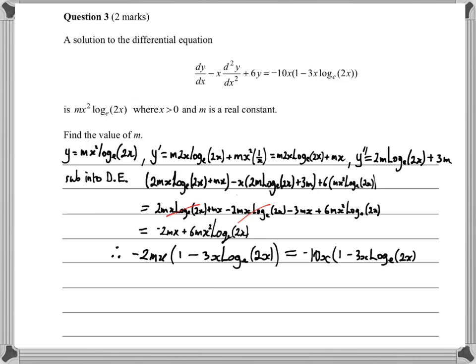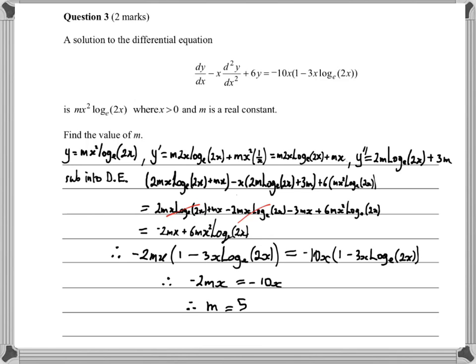So I can see that this bracket 1 minus 3x log of 2x is the same as on the right hand side, 1 minus 3x log of 2x. So that implies the first part, the negative 2mx, has to be the same as negative 10x. And therefore m has to be 5, by dividing by negative 2x on both sides.